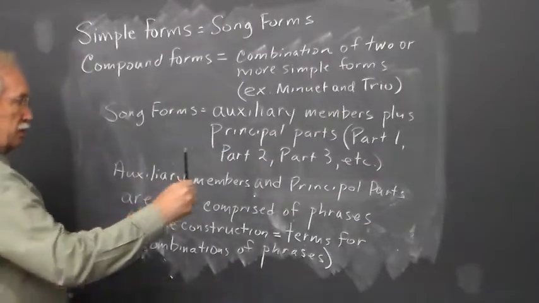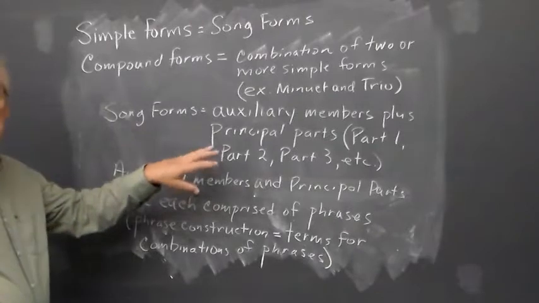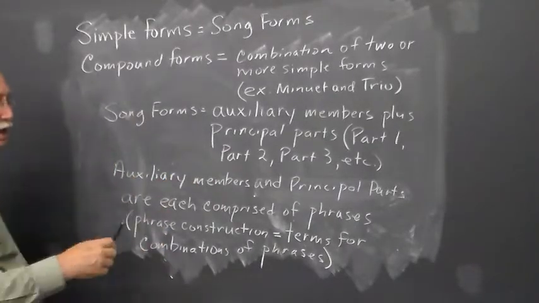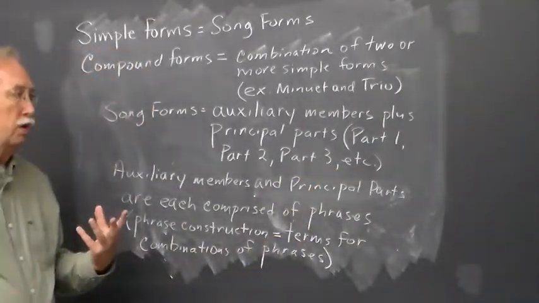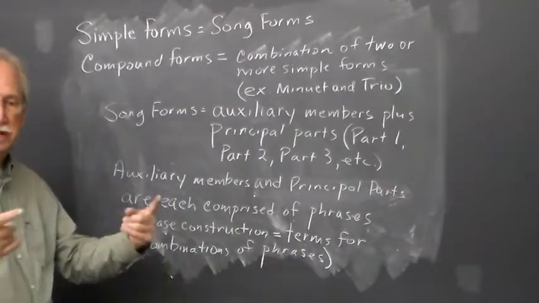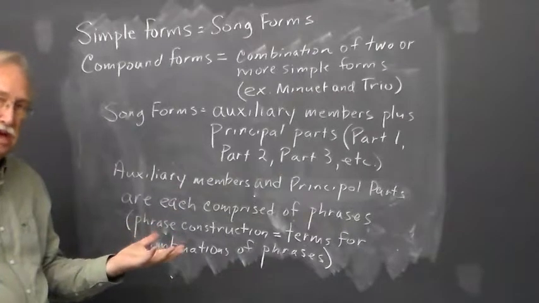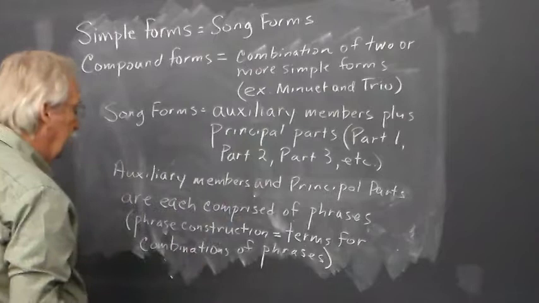The essential members are called principal parts. And that is how the name for each of these song forms is determined. So a one-part song form has, as the title denotes, just that one section. So it can be as short as a phrase in length. That is called a one-part song form. So we'll be looking at some examples of all of these.